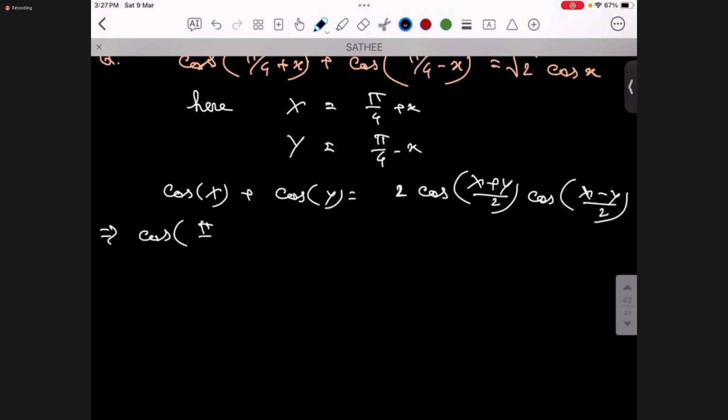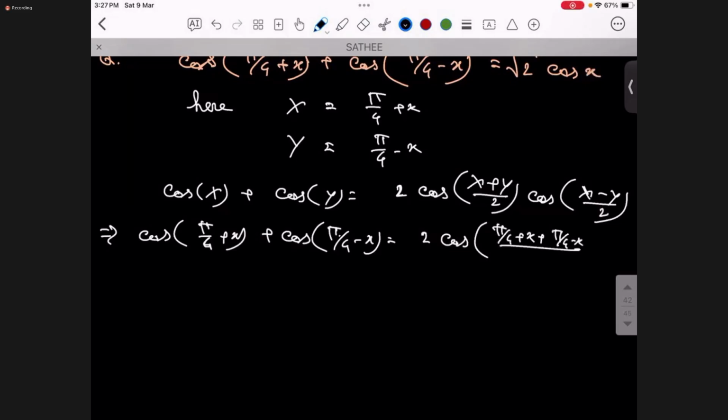Cos pi by 4 plus x plus cos pi by 4 minus x, which is equal to 2 into cos of (pi by 4 plus x plus pi by 4 minus x) divided by 2, into cos of (pi by 4 plus x minus pi by 4 plus x) divided by 2.